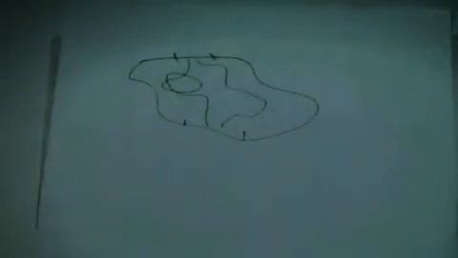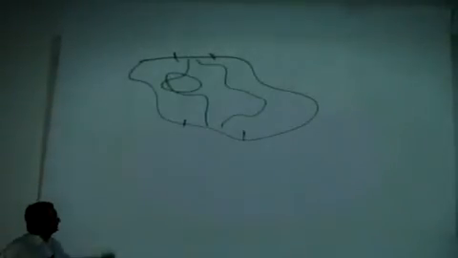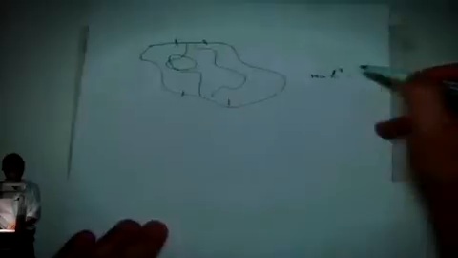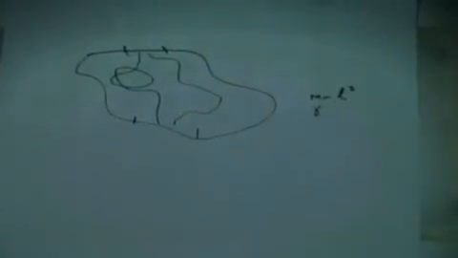And then one looks at all metrics on this domain which are conformal to the background metric, and looks at the shortest length of any of those curves. And the quantity to look at then is the minimum of length squared over all the curves.